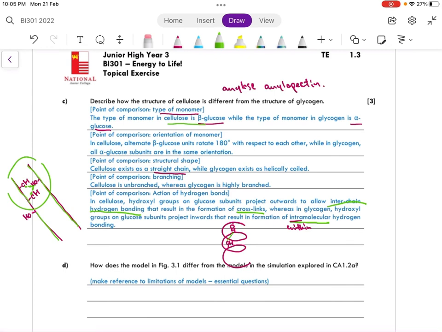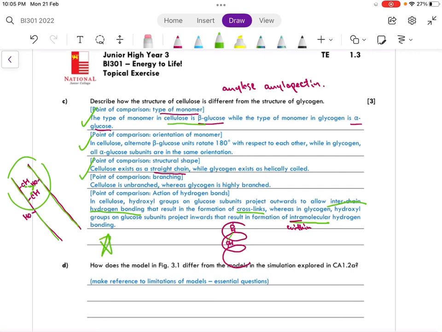Then after that, in the next paragraph, they describe that glycogen is made of alpha glucose, it doesn't rotate, it is helically coiled. So don't lump all the points of comparison into two big paragraphs. Instead, compare point by point. Okay, it is easier for the marker to also find all your points when you compare point by point.